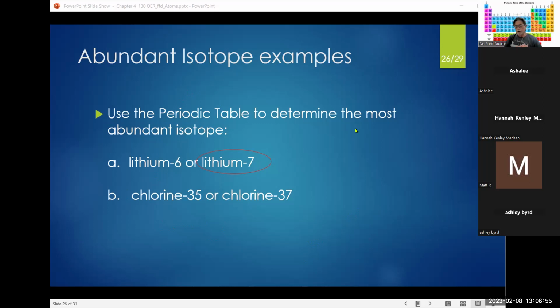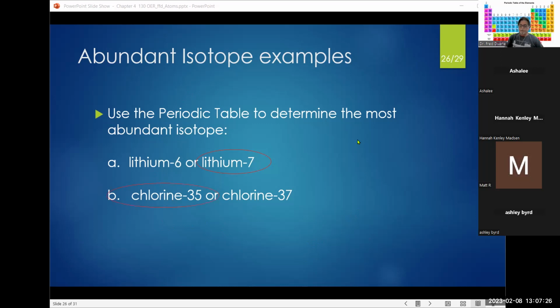All right, here's one. We've got chlorine-35 and chlorine-37. What do you guys think? Which is the most abundant isotope? 35. 35, exactly. Because you go to the periodic table, chlorine is element number 17, okay? And its atomic weight is 35.45, rounding it up to the nearest whole number gives you chlorine-35, okay?